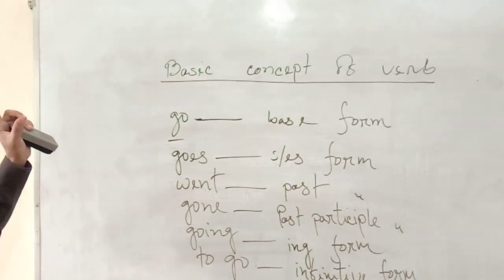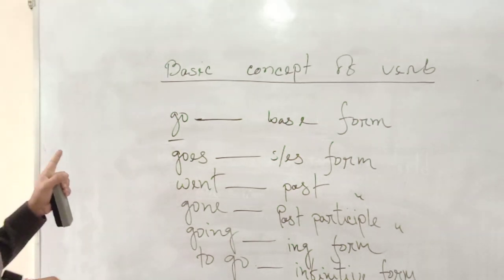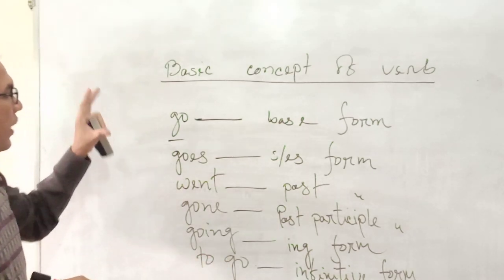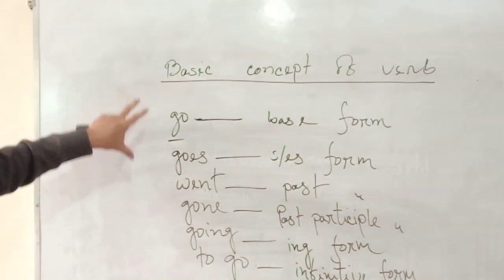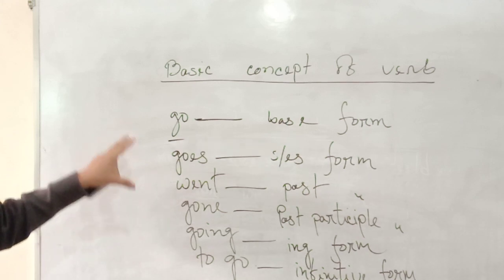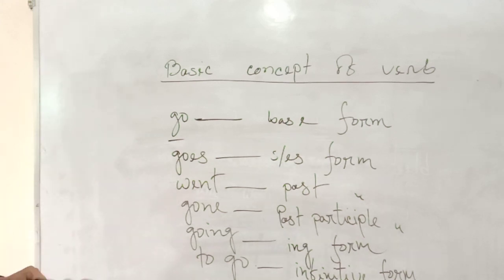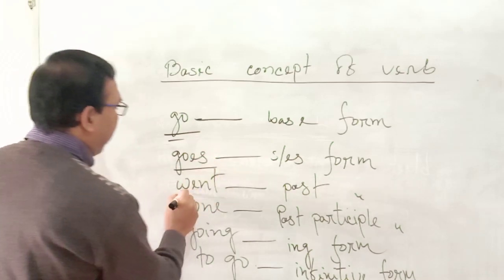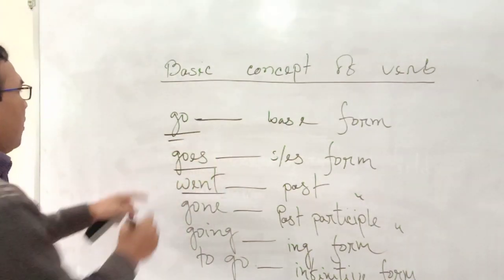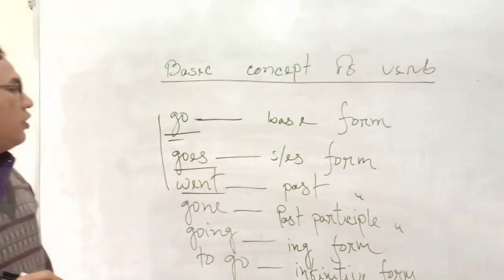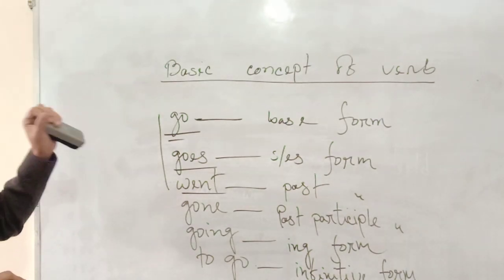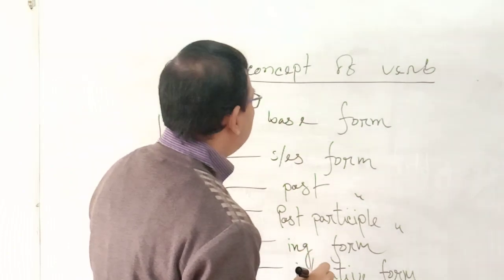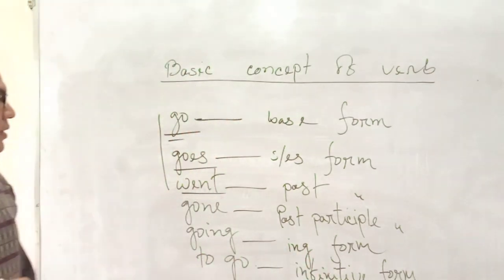If we think about the definition I have already given, then we can clearly understand which forms are finite verbs and which forms are non-finite verbs. This base form, S or ES form, and past form change with the change of number and person of the subject and with the change of tense.